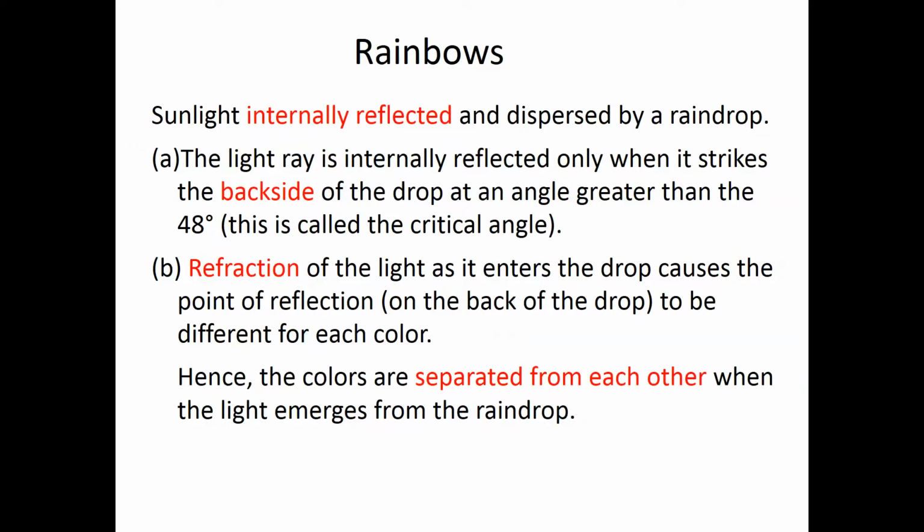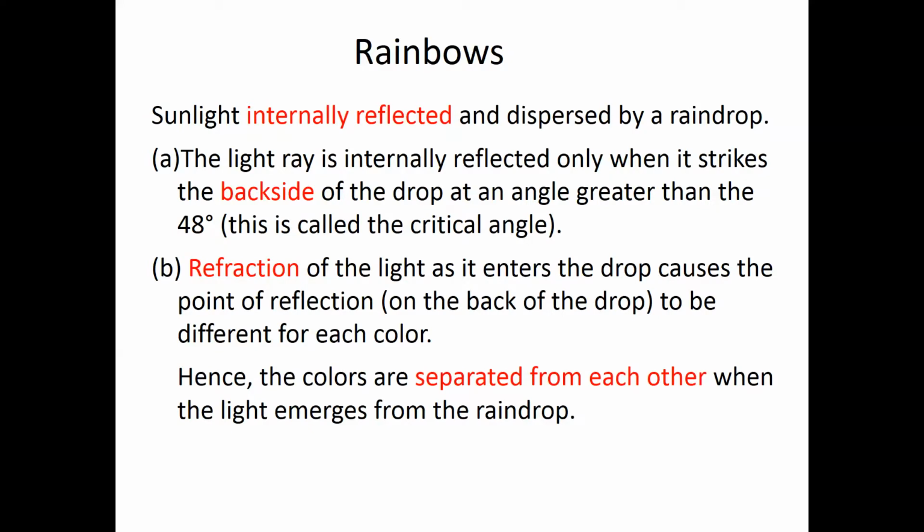Now, one of the things I haven't really talked about yet, but you can actually see it when you look at light hitting a prism, is that different wavelengths refract differently. And what that means is that when a beam of sunlight hits a raindrop, red refracts slightly differently than orange, than yellow, than green, than blue.